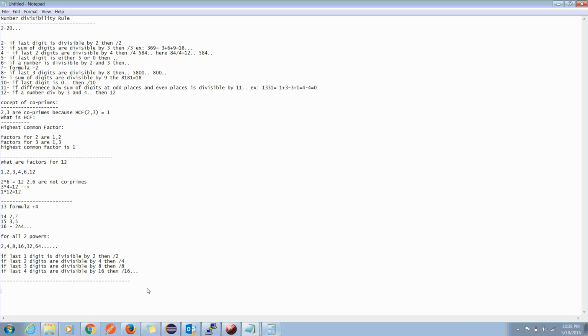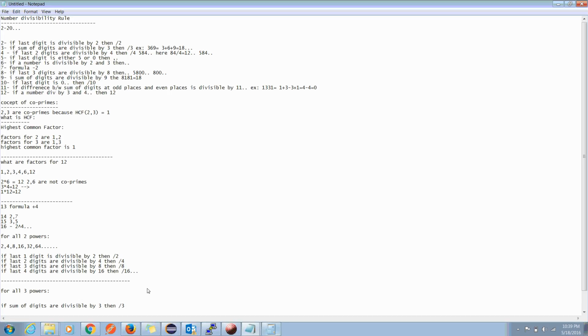Similarly, we have another concept for all 3 powers. If the sum of digits is divisible by 3, then that number is divisible by 3.